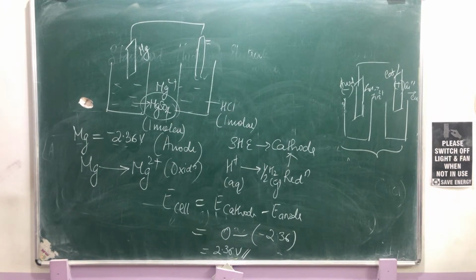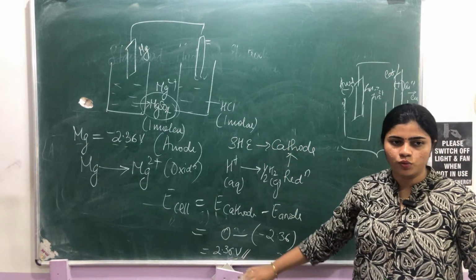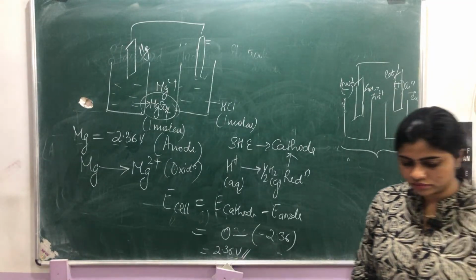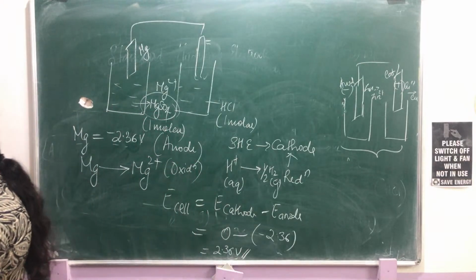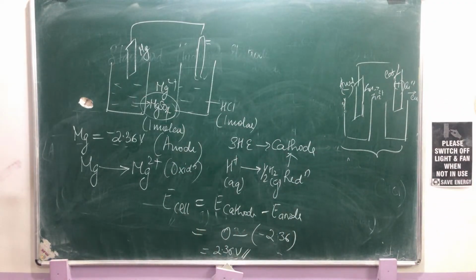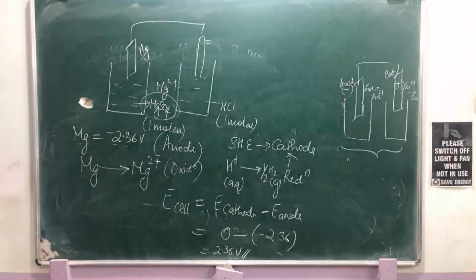Okay, can you all write a sentence? If the standard electrode potential is negative, then hydrogen gas is more stable than the reduced form, full stop.